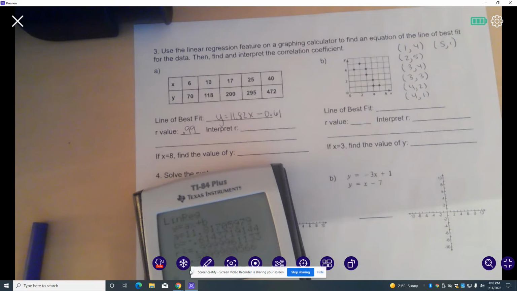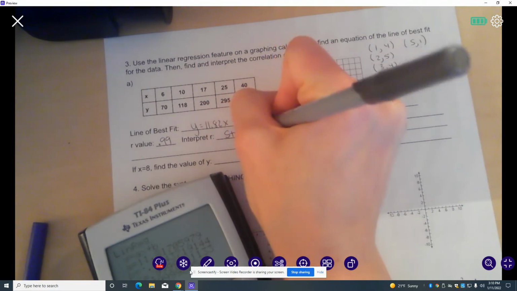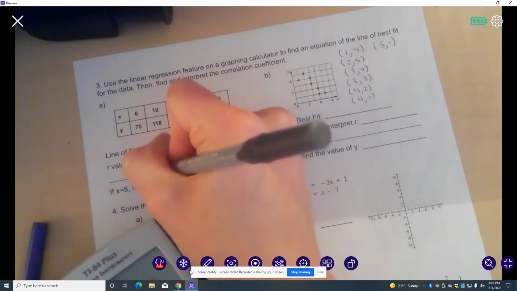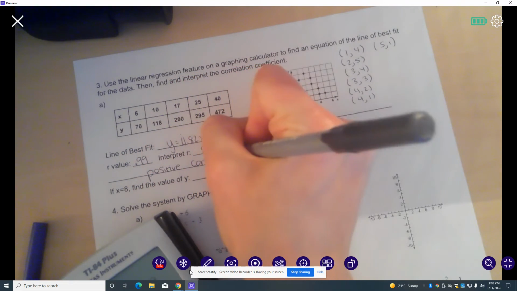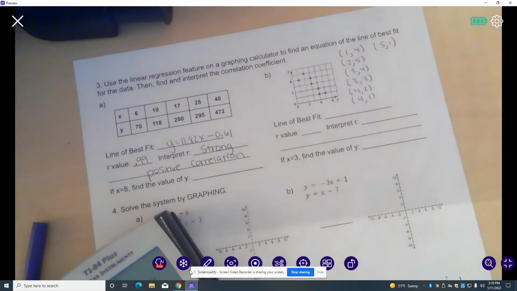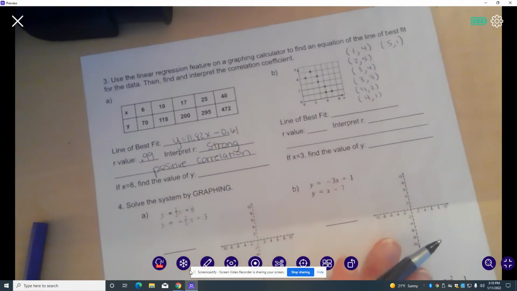And since it's positive, we have a positive strong correlation. So when it says interpret r, we're going to say a strong positive correlation.